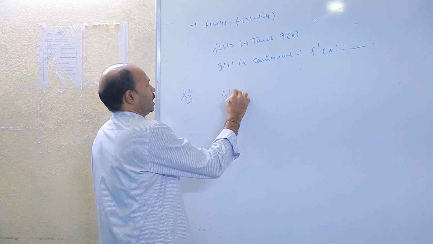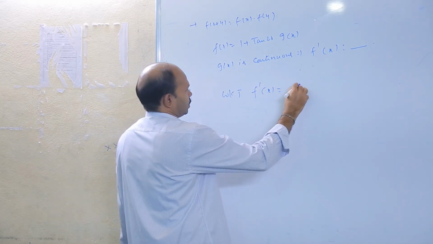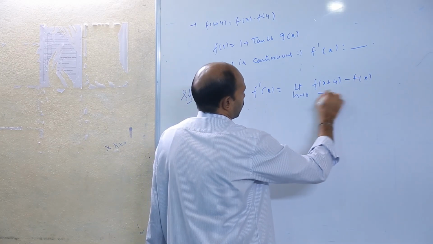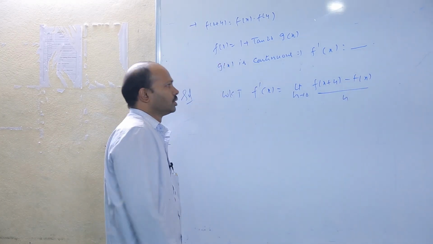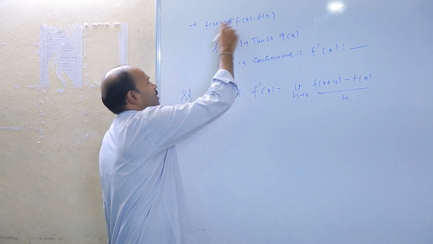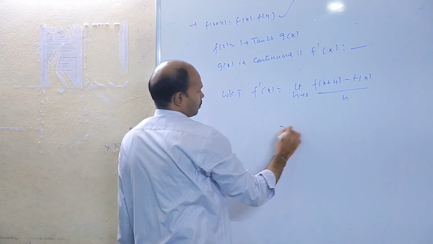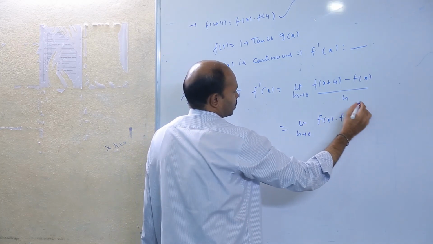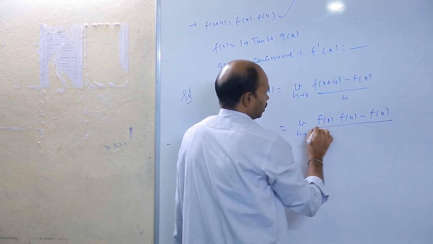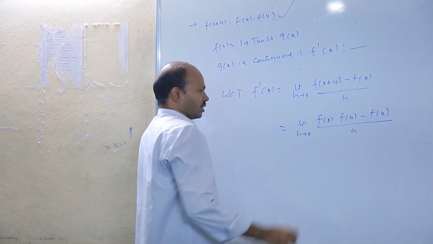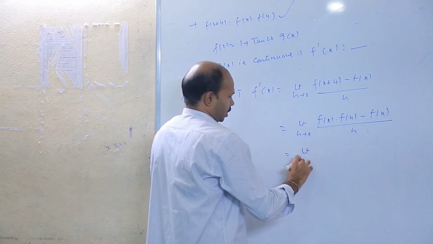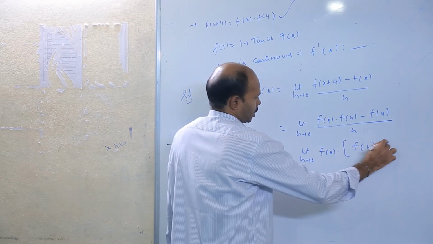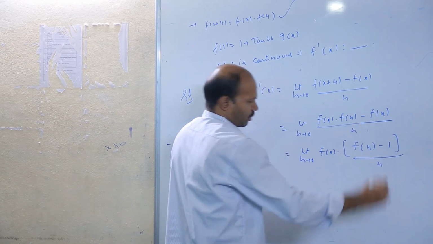We know that f dash of x is limit h tends to 0, f of x plus h minus f of x by h. What is f of x plus h? From the data, apply that expression: f of x into f of h minus f of x divided by h. Take f of x common, limit h tends to 0, f of x into the remaining f of h minus 1 by h.